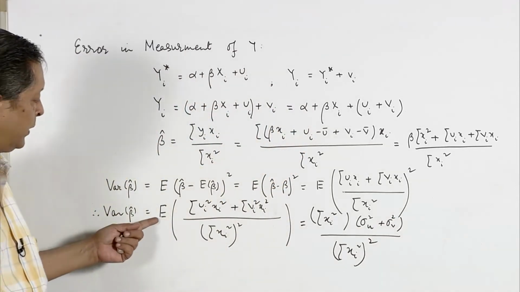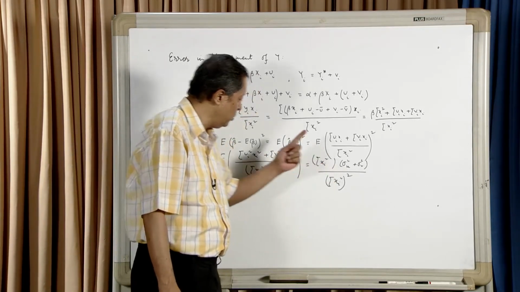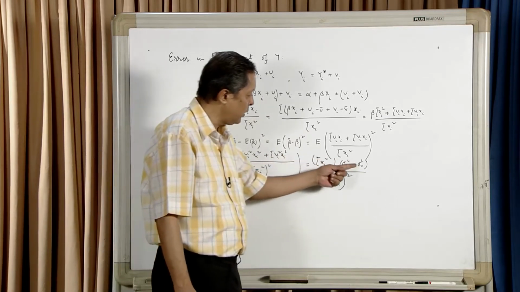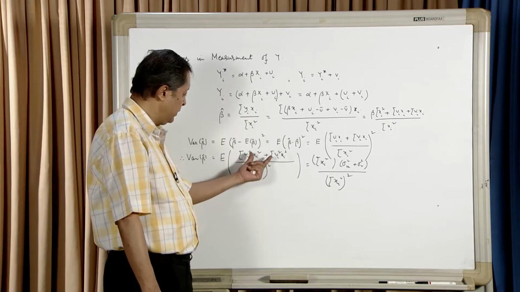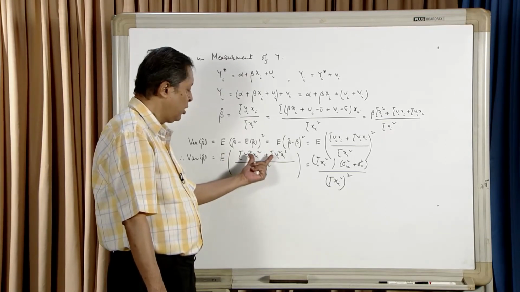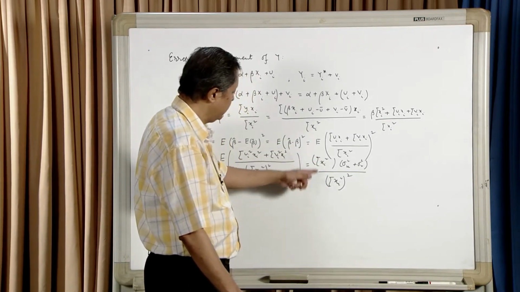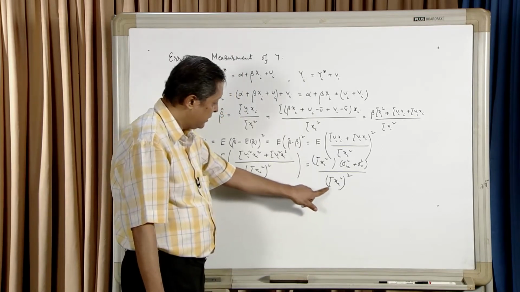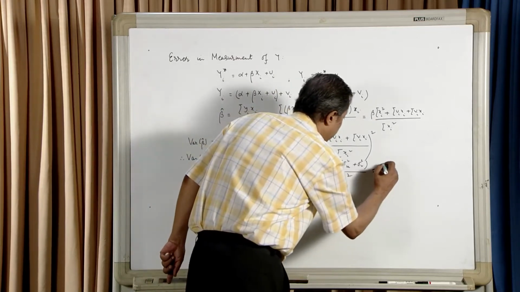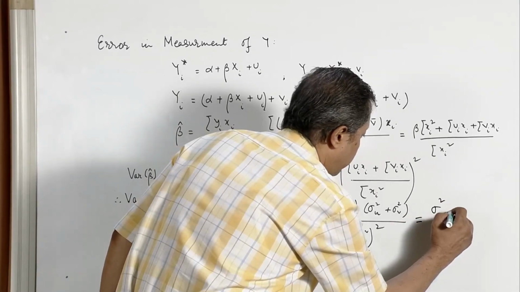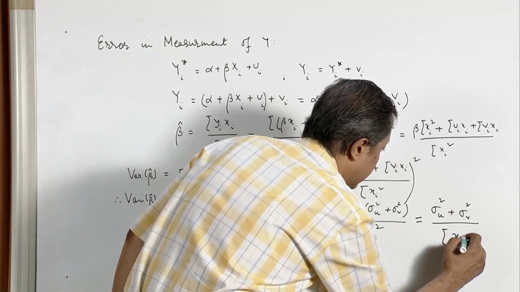I repeat, when you take expectation of this first term, then for each ui square you get sigma square u, for each vi square you get sigma square v, and therefore, you can take out sigma square u, sigma square v, and then you can have summation xi square common, that with the denominator, summation xi square whole square, gives this final result, which simplifies to sigma square u plus sigma square v divided by summation xi square.